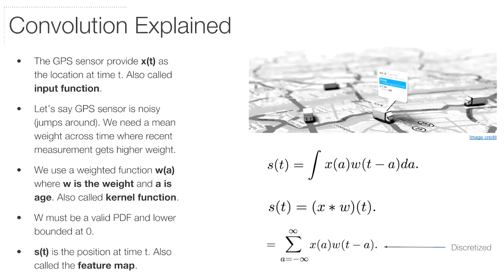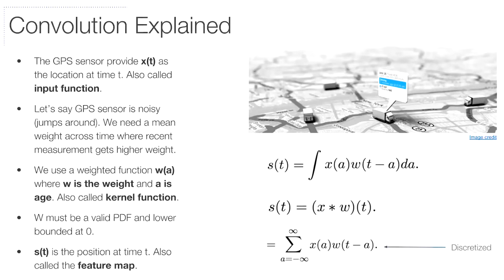You either have a GPS sensor or a laser sensor or some kind of sensing device. Let's also make an assumption that the sensing device is very noisy, as in it's not very accurate. So you want to take multiple measurements before you can accurately predict the location of this device.